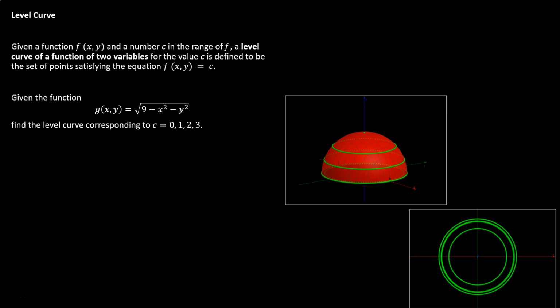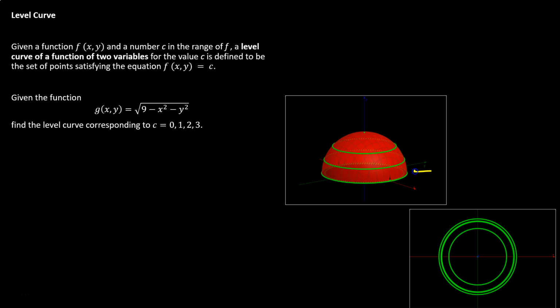We took the function, set it equal to a constant, and solved, and we found a bunch of circles centered at the origin. The largest circle was in the xy plane, and as we allowed z, or the constant that we set our function equal to, to increase, our circle's radius shrank until it finally landed on a single point.